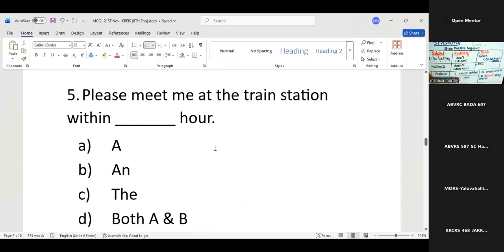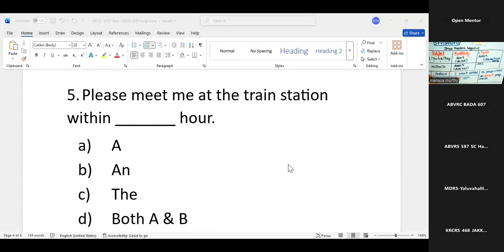Please meet me at the train station within dash hour. Last time itself, when I told the rules wherein we'll be using articles an and a, there were rules wherein the letter H would be silent. So when the letter H is silent and it is immediately followed with a vowel, what is the article that we would be using?